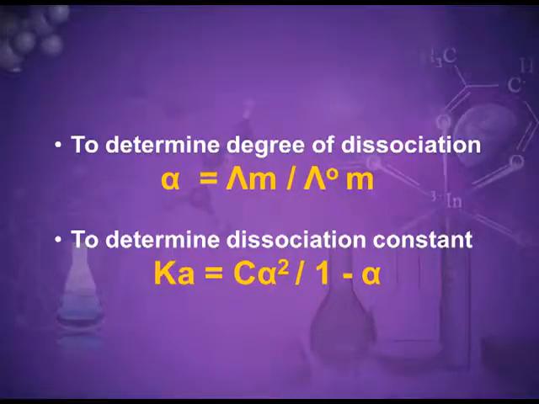We can take the values of the contribution of the different ions from suitable strong electrolytes, and simply by adding those values we can find the lambda m value for weak electrolytes. Using Kohlrausch's law, we can also find the degree of dissociation, alpha, which is mathematically equal to lambda m upon lambda m infinity.